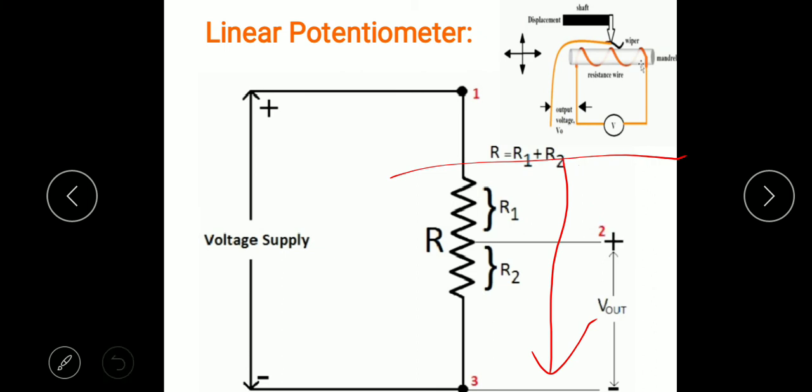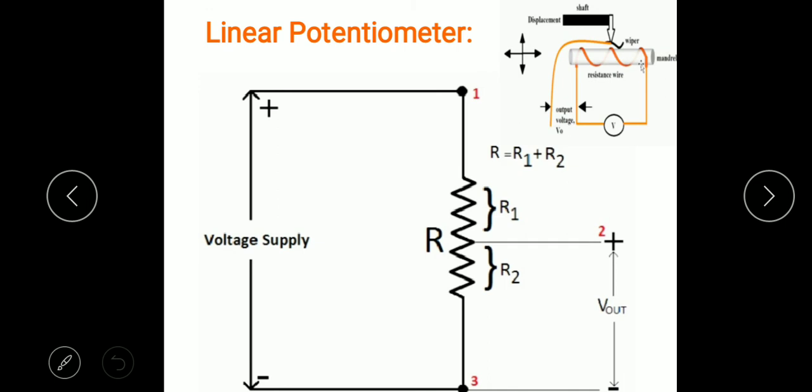In the working you have to specially mention that the potentiometer works on the voltage division rule, where the resistance is divided into two parts, R1 and R2. The wiper is connected to 2, one terminal is connected to the positive, and the third point is connected to the negative of the resistance.